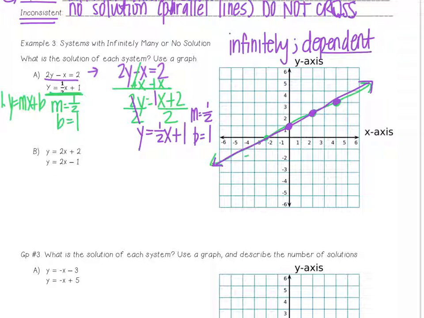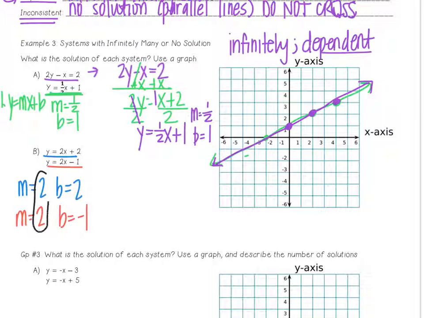All right, B, we're going to use the same graph. We're just going to use different colors to graph on it. Saving paper, saving trees. So for the top one, it's already in slope-intercept form. That's going to have a slope of 2 and a y-intercept of 2. The bottom one's already in slope-intercept form. That's going to have a slope of 2 and a y-intercept of -1. Before you actually put it on the graph paper, I want you to inspect and notice that the slope is the same, and the y-intercepts are different.